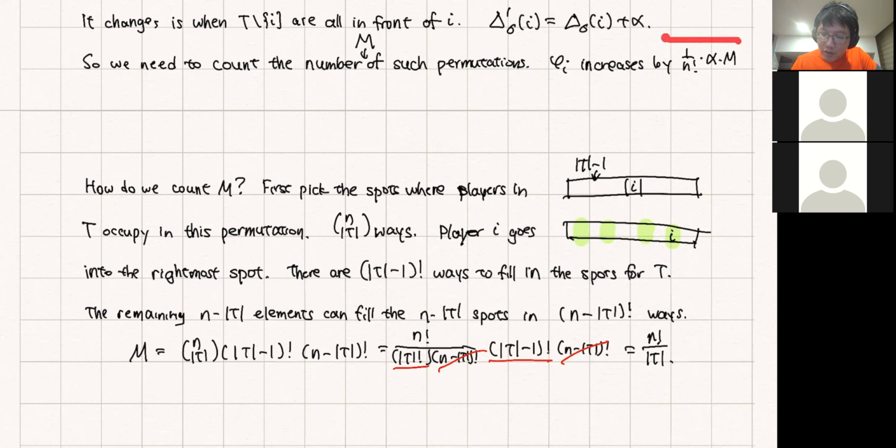If you look at this formula again, m is represented by n factorial over size of T, and the n factorial will cancel out. So that means that alpha I increases by alpha over size of T. And that is our answer here.